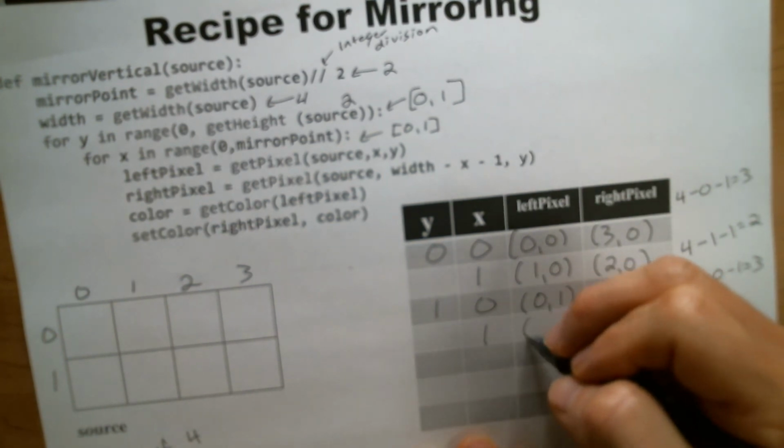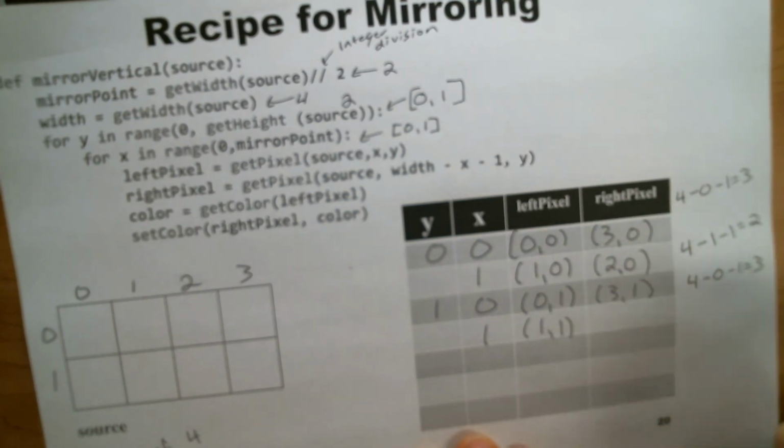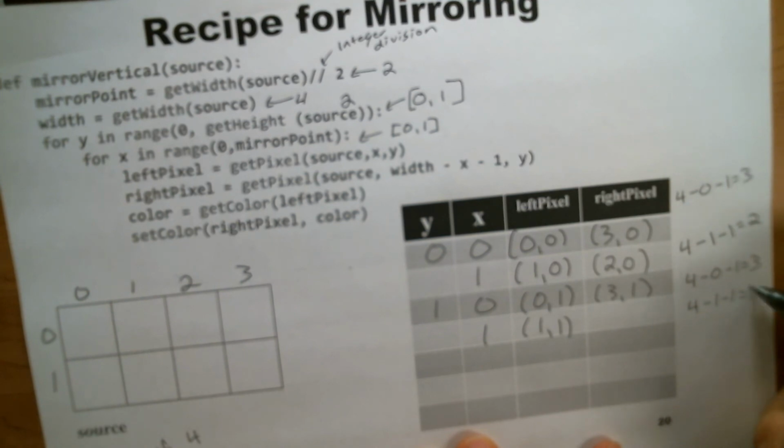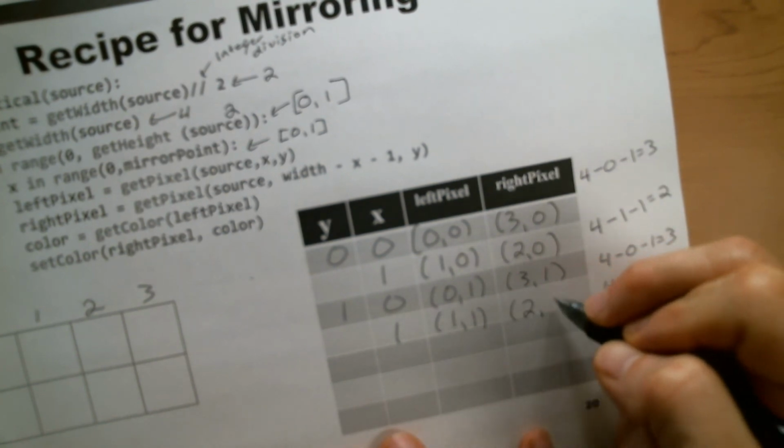So we're at 1, 1. And then here we're now doing 4 minus 1 minus 1, which is 2. So that's going to put us at 2, 1. Right? So that's how x and y is changing. That's how left and right pixel is changing.